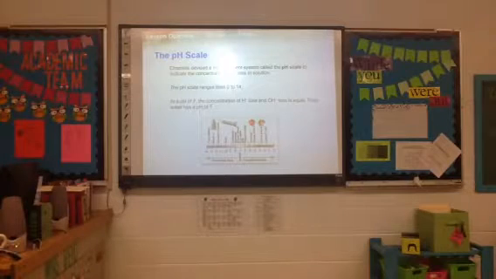There's lots of reasons that there wouldn't be an equal number of hydrogen ions and hydroxide ions. So the pH scale measures how many hydrogen ions are in the solution. That's what concentration means. The concentration of hydrogen ions, and you can write it as an H+.